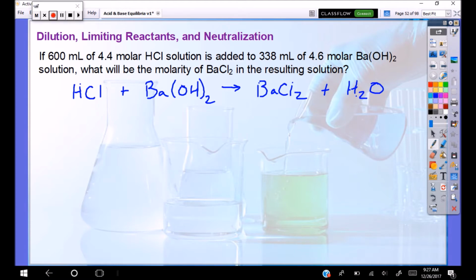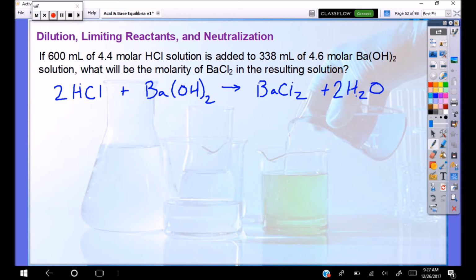Looks like I've got 3 hydrogens on the left side and 2 on the right, but I know I need to double my chlorine here, and that probably will lead me to doubling my water. Does that make sense? 2 times our oxygens. Yep, there's 2 oxygens, 4 hydrogens, 1 barium. Okay, so we're balanced.